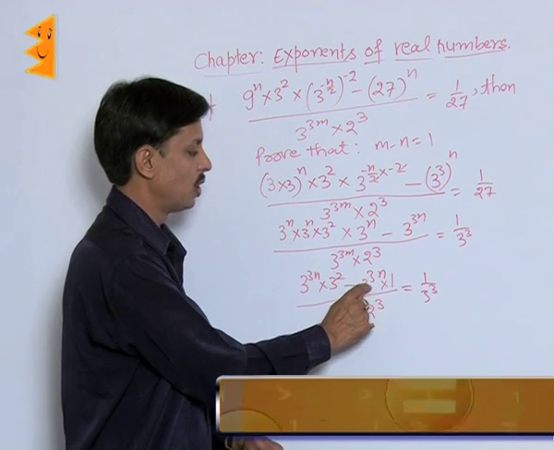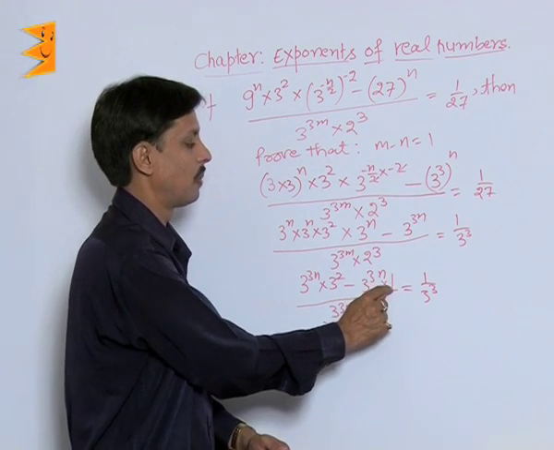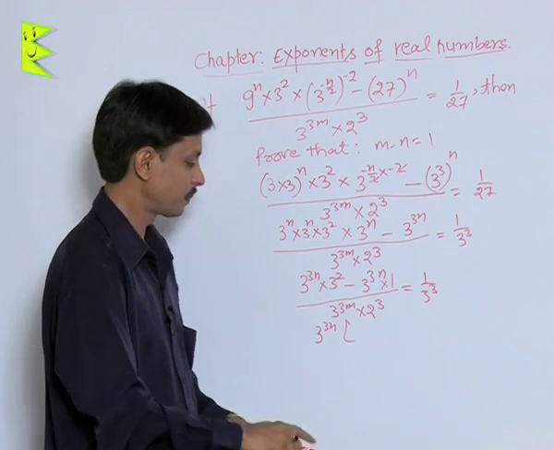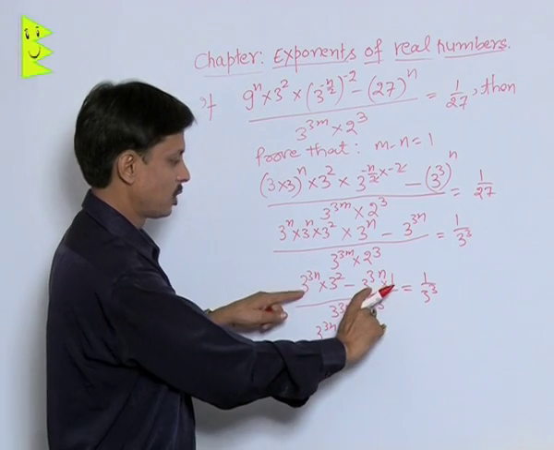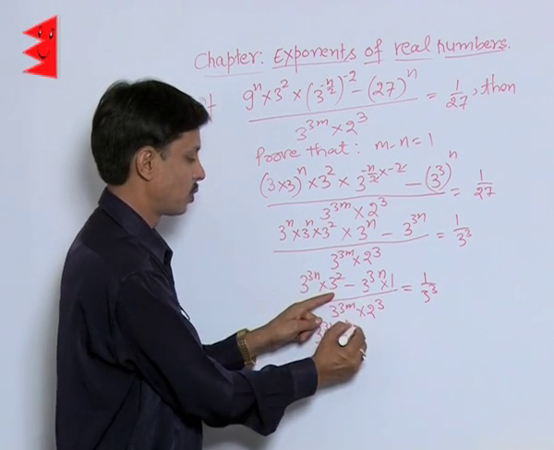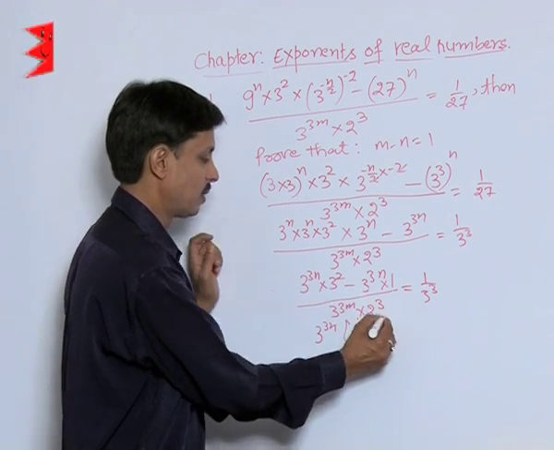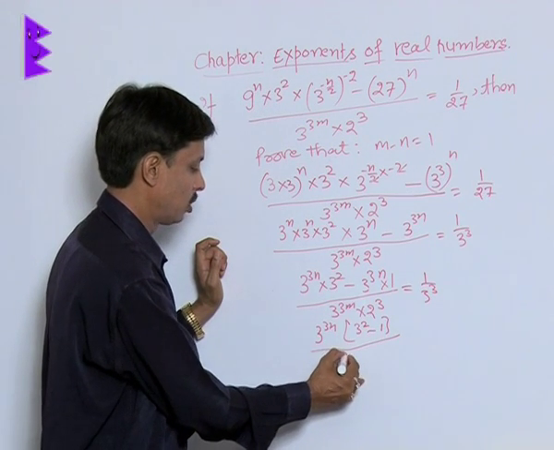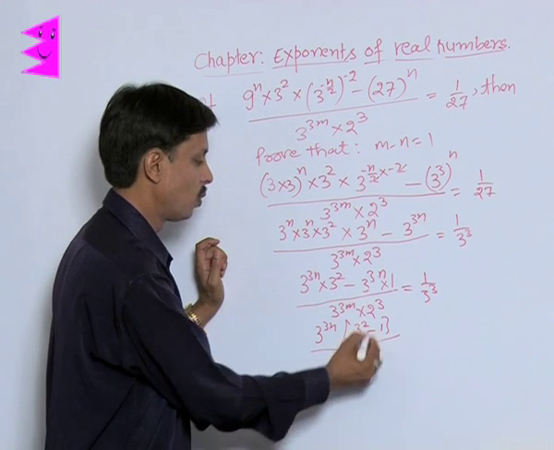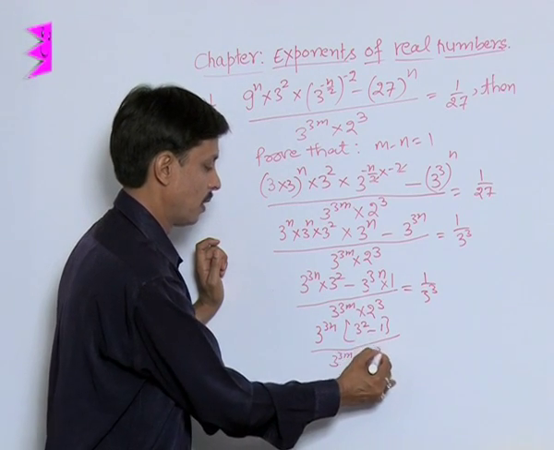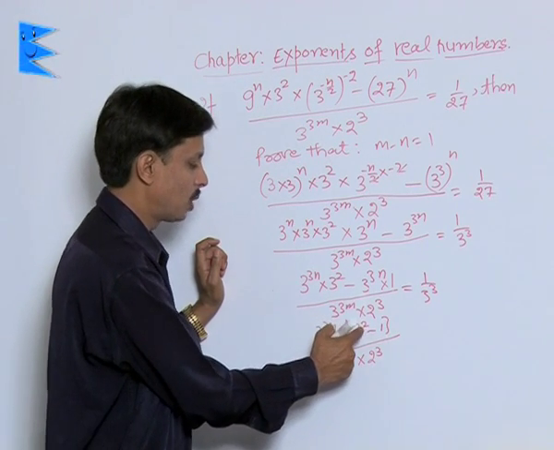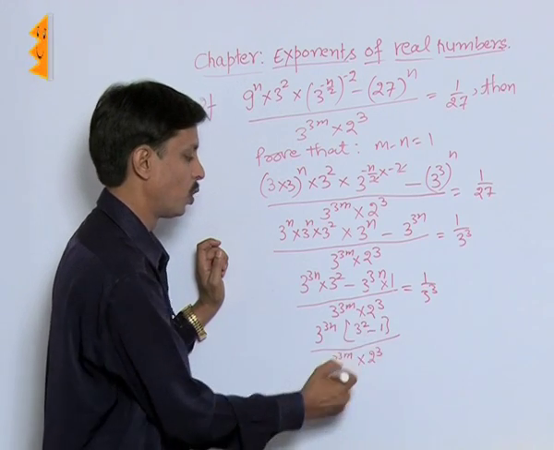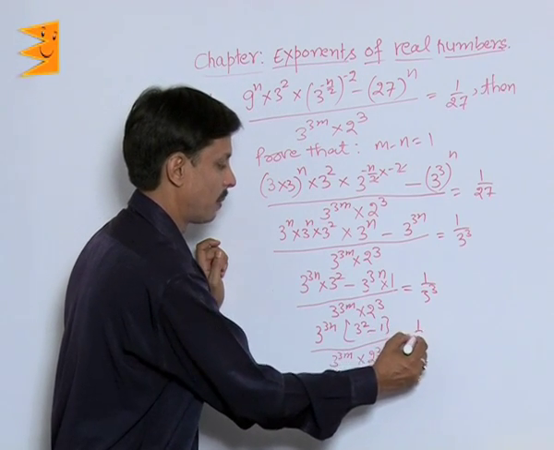So in this term 3 is to power 3n, if nothing is multiplied, I have written 1. 3 is to power 3n is common, then what is left? 3 square minus 1 divided by 3 is to power 3m into 2 cube, and this result is equal to 1 by 3 cube.